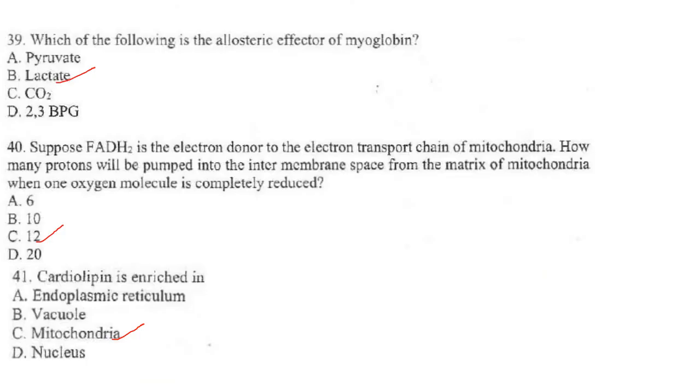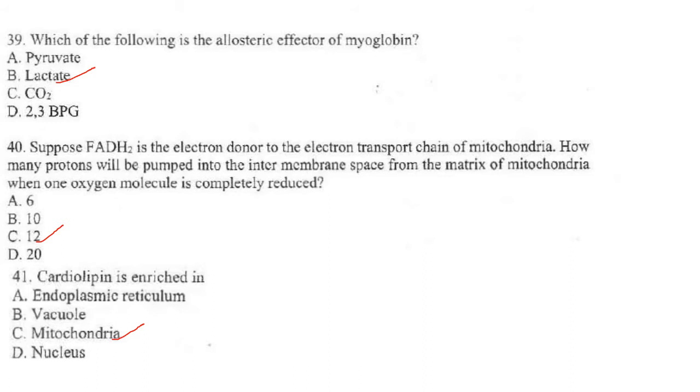Then which of the following is an allosteric effector of myoglobin? It is lactate. Suppose FADH2 is the electron donor to the electron transport chain of mitochondria. How many protons will be pumped into the intermembrane space from the matrix of the mitochondria when one oxygen molecule is completely reduced? So one FADH2 pumps 6 protons during one turn of the citric acid cycle.